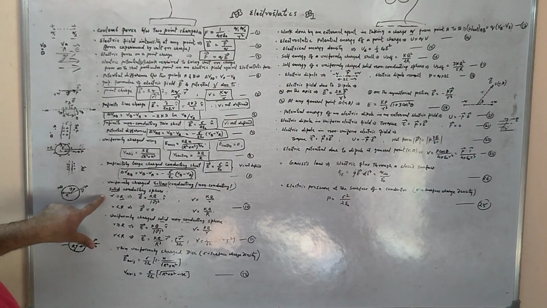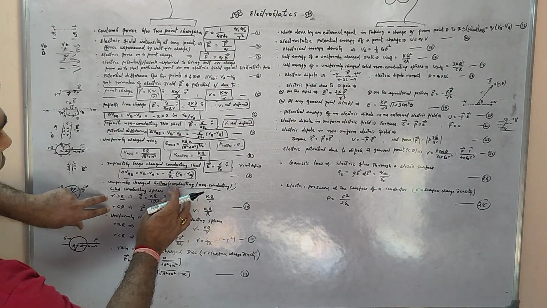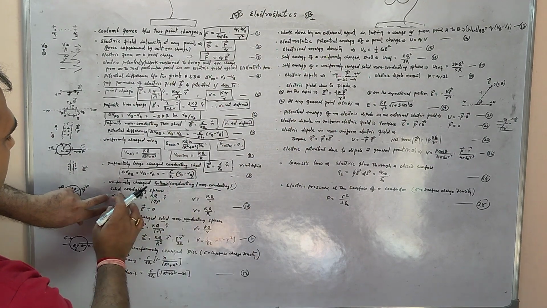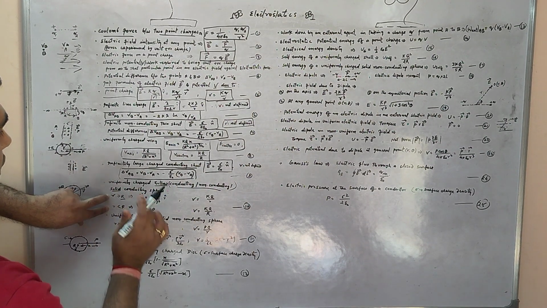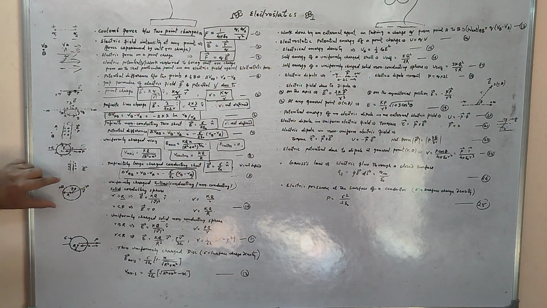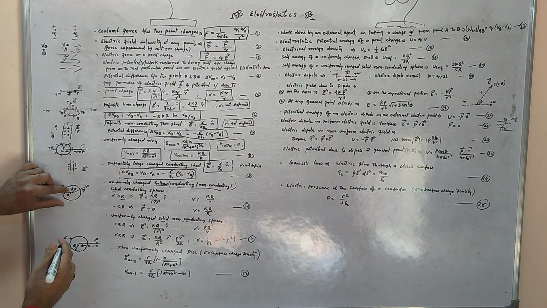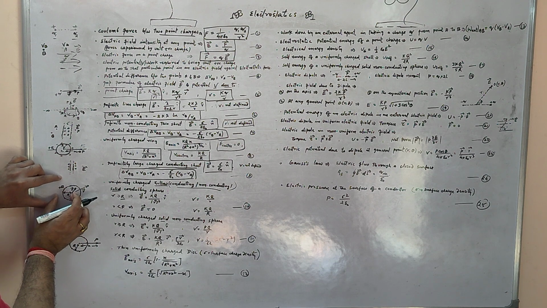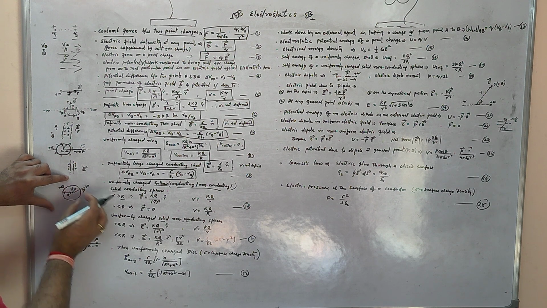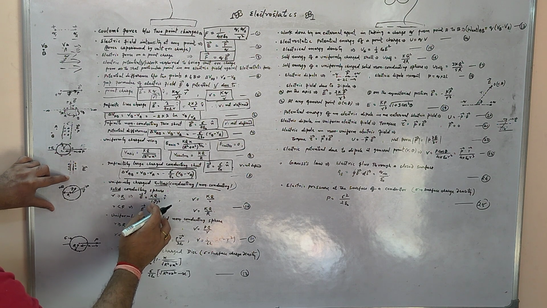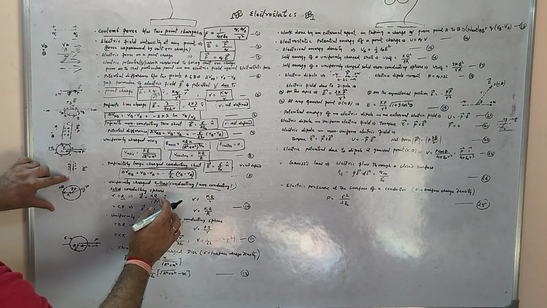So this will be applicable in all 3 cases: hollow conducting, hollow non-conducting, solid conducting sphere. This is the sphere. Here we have a point at distance small r, that is greater than radius R. So electric field will be equal to kq by magnitude of r square.